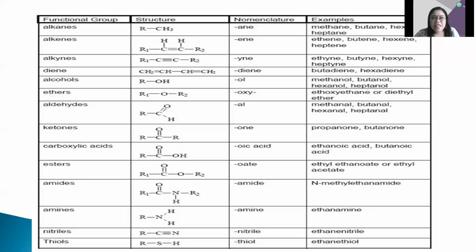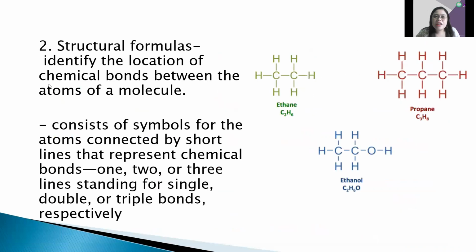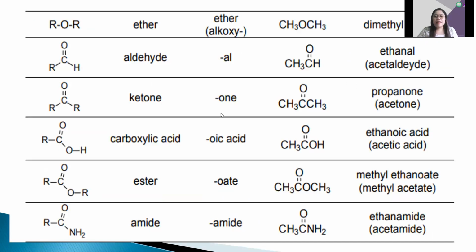So again, you really have to know the functional groups one by one: the specific arrangement of atoms, so we have to look at the structure, and also their nomenclature, how they are named. That is what we will study in organic compounds. I guess I ended here with the examples of the different functional groups.